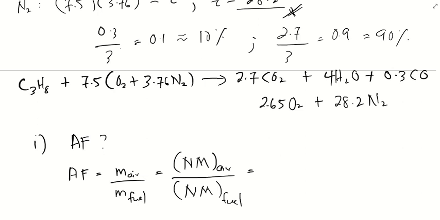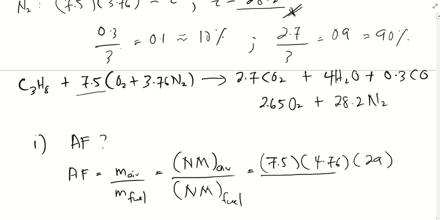So here you have 7.5, the number of moles, multiplied with 4.76 moles of air and multiplied with the molar mass 29.